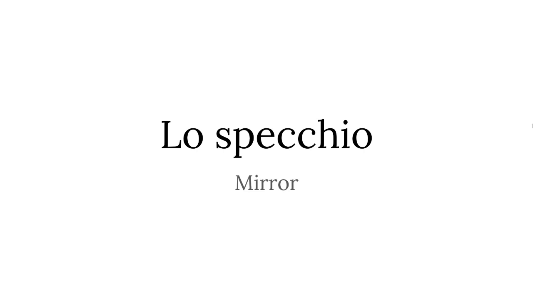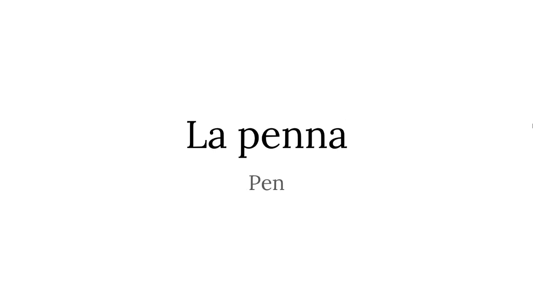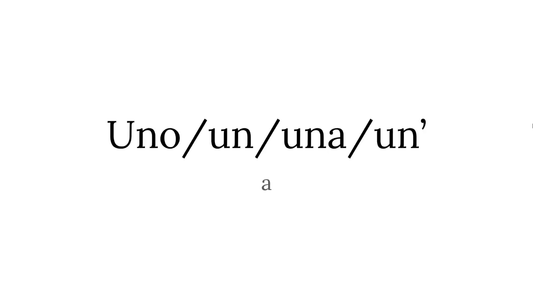So pay attention. In Italian, when you have CHI, the sound is always K. It's never CH. Okay? Lo specchio. Great. The pen, la penna. La, feminine article for a feminine word.